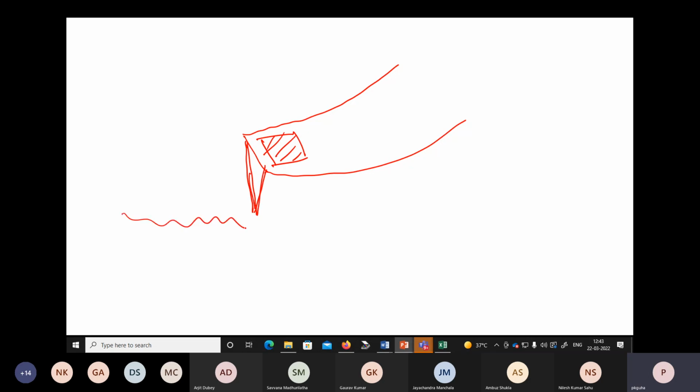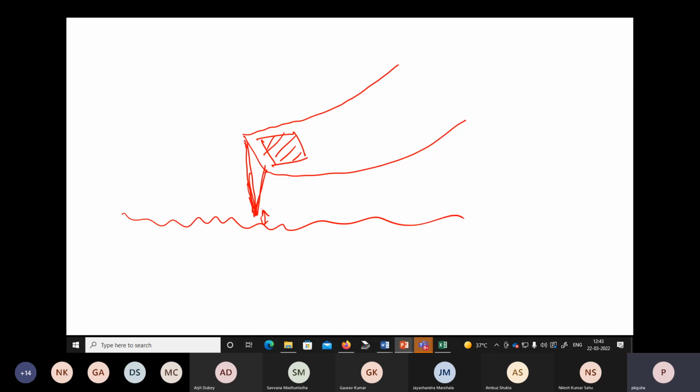Here we basically use a cantilever, and that cantilever contains a gold coating. There is a tip at the end of the cantilever, and this cantilever you move very close to the surface, so that it can sense the force.